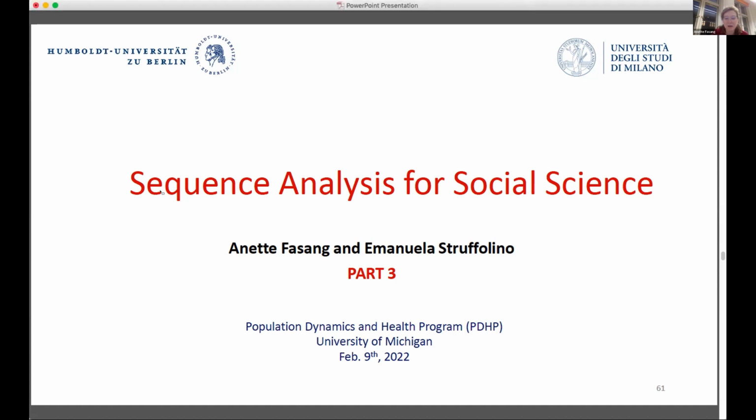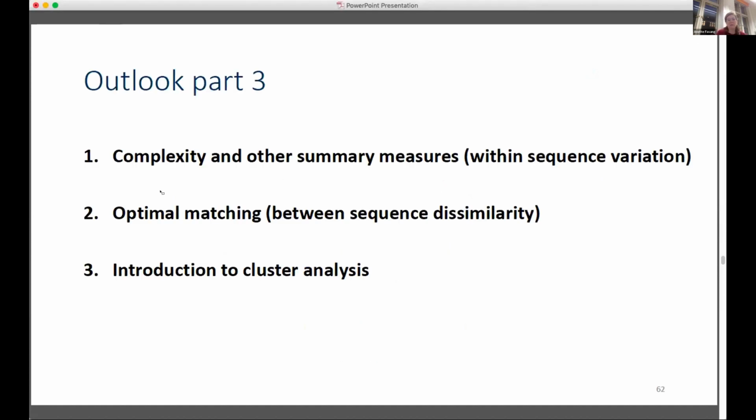So what I'm going to talk about now are first two very basic different ways of analyzing these sequences. The first one is looking at within sequence variation. So here we have the complexity measure as a prominent one, but there are many other summary measures.